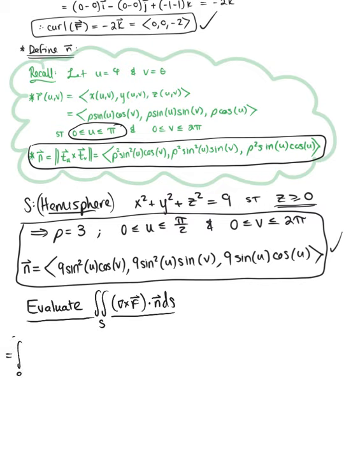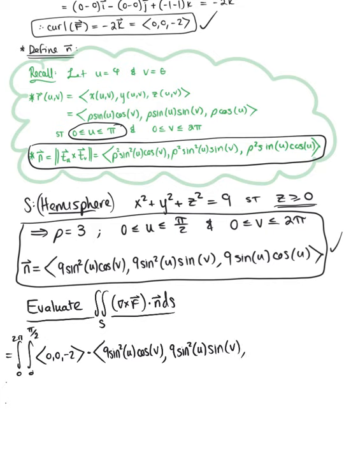This is the integral from 0 to 2 pi, then the integral from 0 to pi over 2 of our curl, which is 0, 0, minus 2, dotted with the normal vector: 9 sine squared of u cosine of v, 9 sine squared of u sine of v, and 9 sine of u cosine of u.